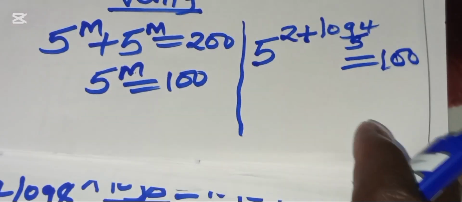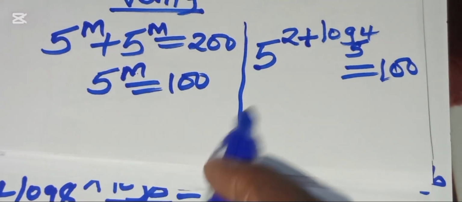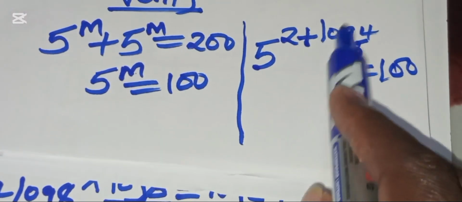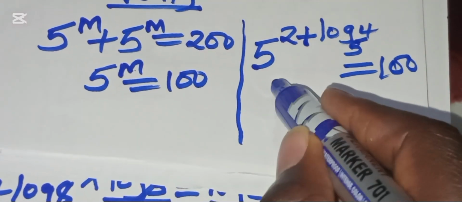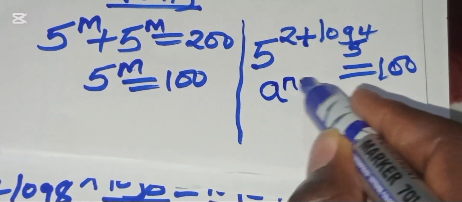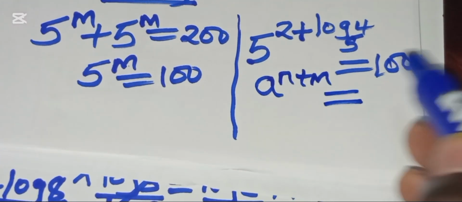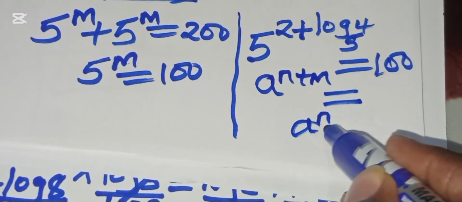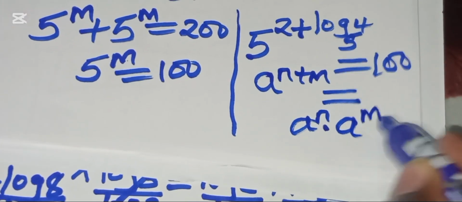Now as you can see, 5 raised to power 2 plus log 4 to base 5 is in the form of a raised to power n plus m, which we can express as a raised to power n multiplied by a raised to power m.